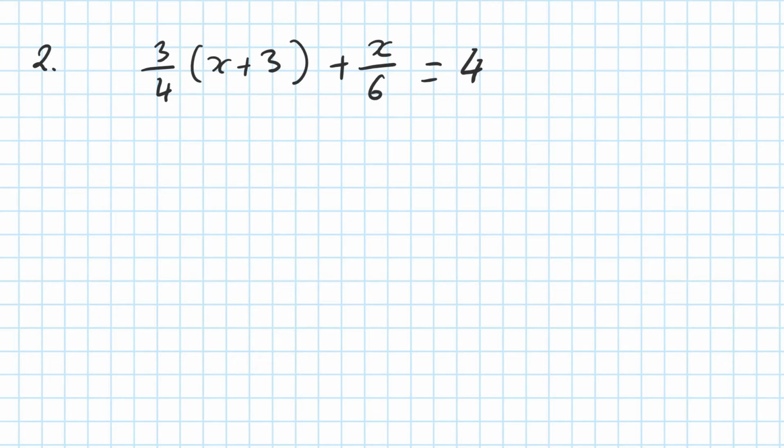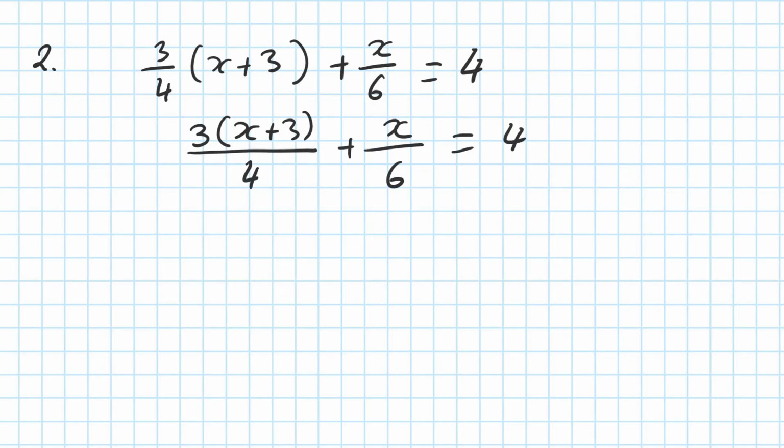So this equation here I can write as this as well: (3x plus 3) all over 4 plus x over 6 is equal to 4. I can write like that as well.